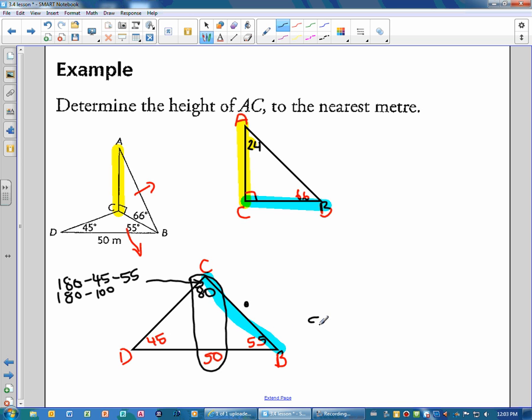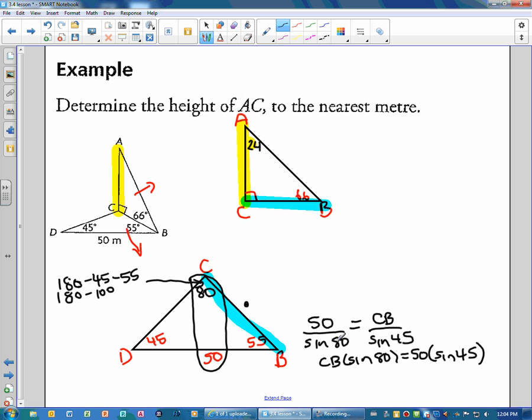So down here I can say 50 over sine 80 equals, I'm going to call it CB, but I could call it small d, CB over sine of 45. So I have CB sine 80 is the same as 50 sine 45.